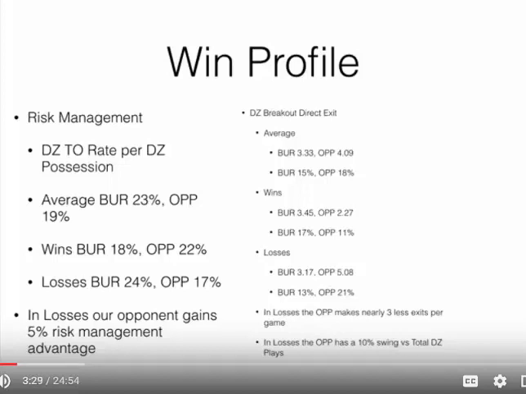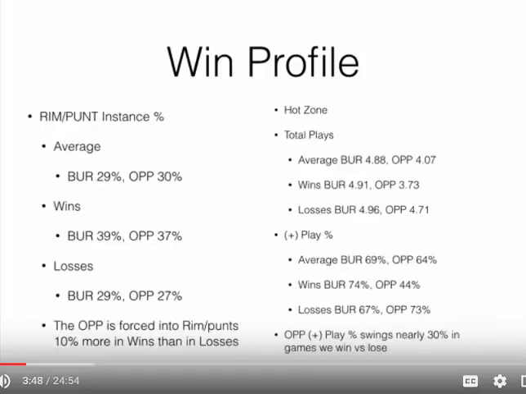But when we lost, we were at 3.17 per game, and the opponent was at 5.08, or 13% to 21%. So in wins, the opponent makes nearly 3 fewer zone exits per game, and in losses, the opponent has a 10% swing in total D zone plays.